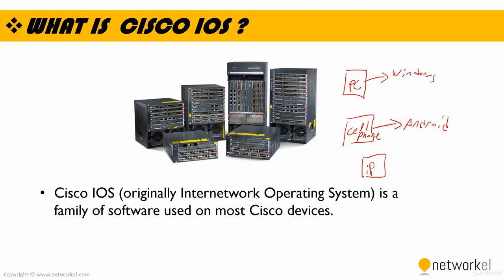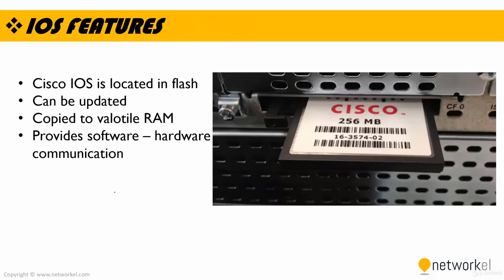For example, I'm using an iPhone and my operating system is iOS. That's not the same thing in here, but the same logic. These are both the operating systems of the devices, and the Cisco devices' operating system is known as Cisco IOS. Let's take a look at the features of the IOS.